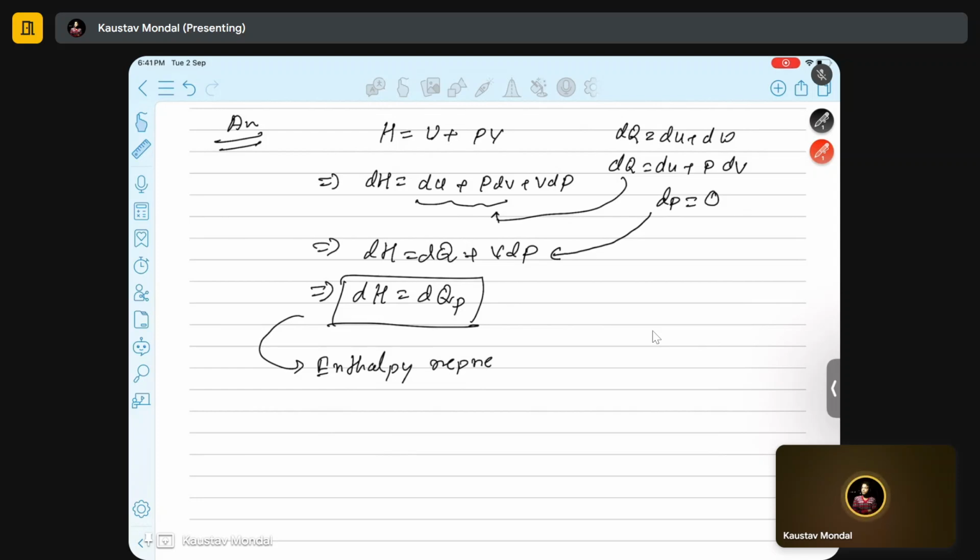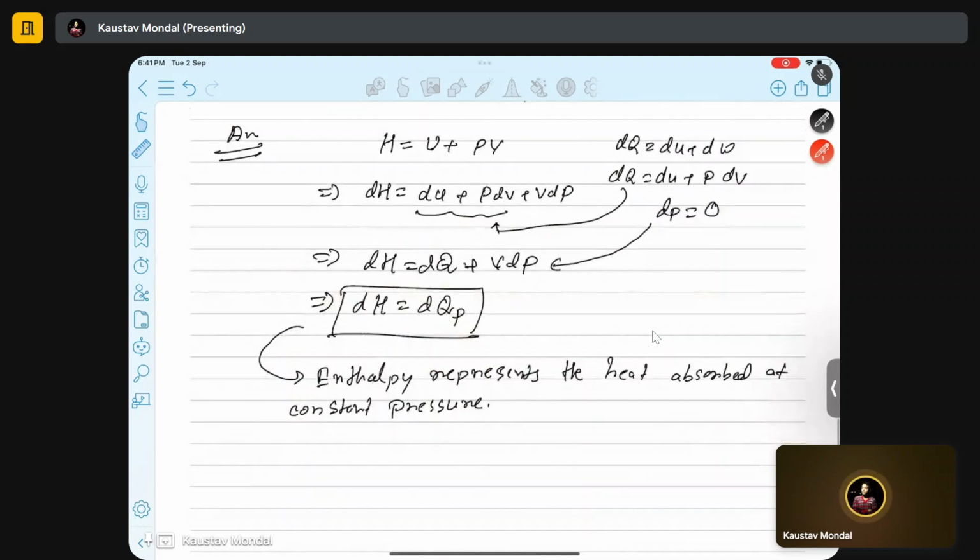So enthalpy basically represents the heat absorbed at constant pressure. Okay, fine. So we got the expression of the enthalpy here.